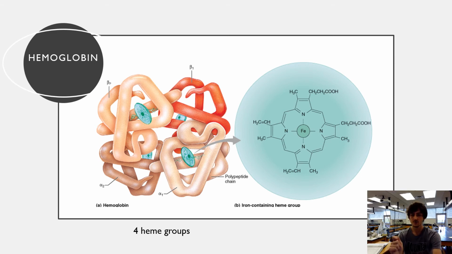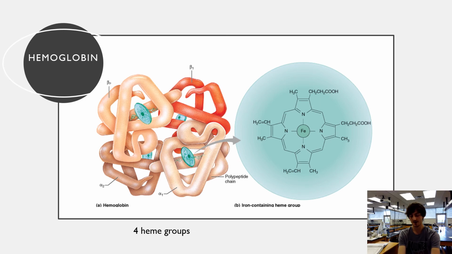So this is the protein that's responsible for the transportation of oxygen throughout our body, and then transportation of CO2 to our lungs, where we can then exhale and get it out of our body. One of the neat aspects about this is that these polypeptide chains and heme groups are fairly susceptible to changes in pH.